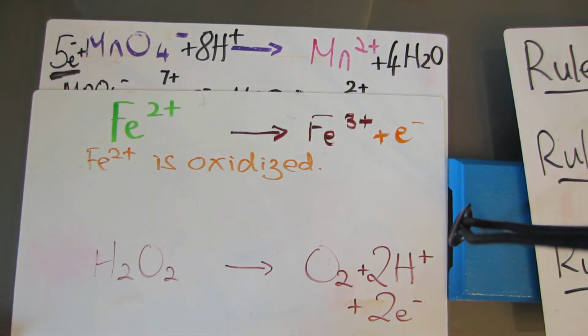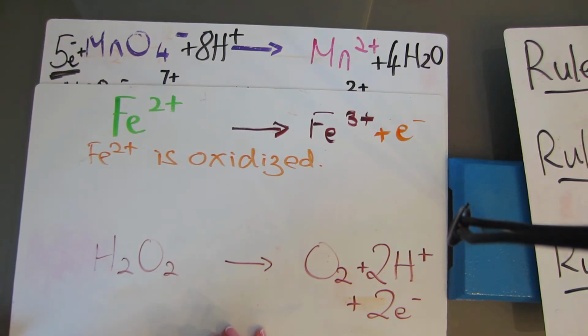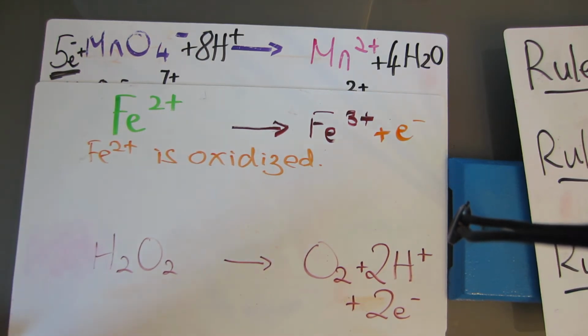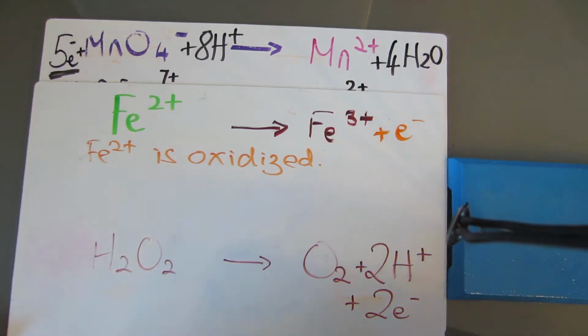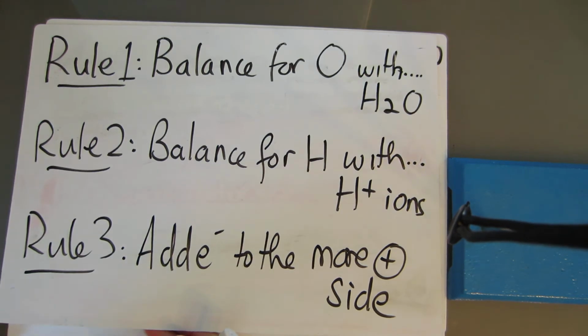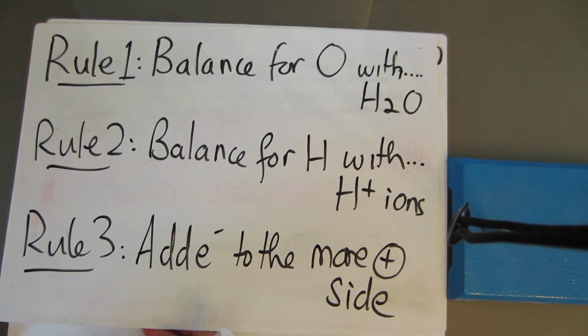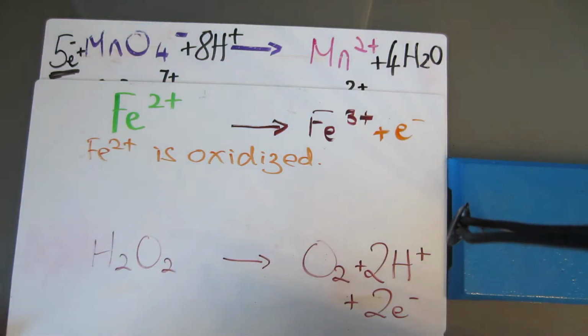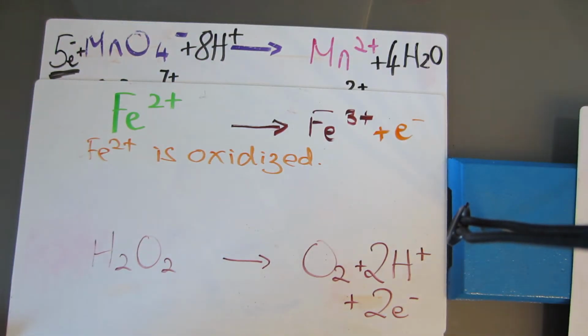So in our last video, we practiced doing some more complicated redox half equations using our important 3 rules. We use those for writing out our half equations. What we are going to do now is, we did say that a half equation cannot happen by itself.